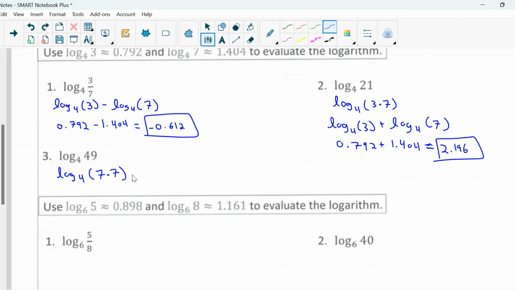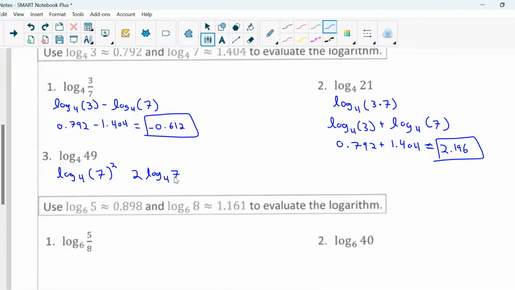And then I could use the product property. But since I want to use one of each, I'm going to rewrite 7 times 7 as 7 squared. So when you're taking the power property, your exponent can multiply in front of your logarithm. So that's the same as saying 2 times log base 4 of 7.